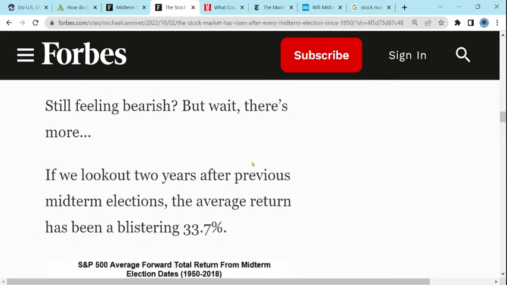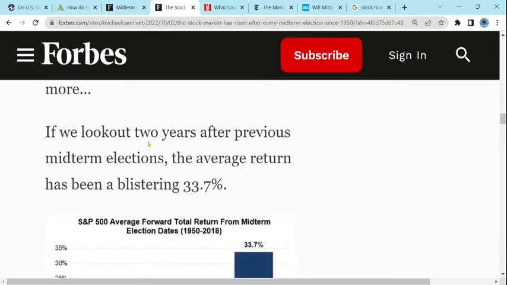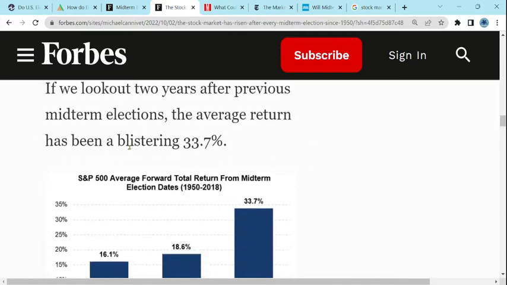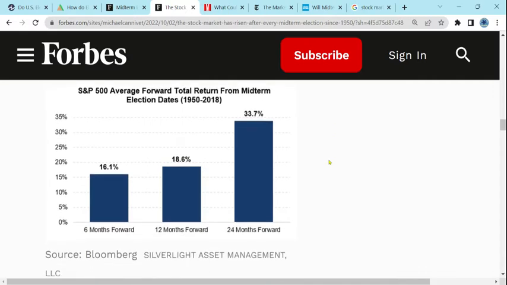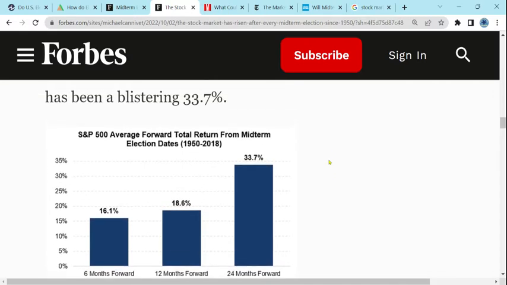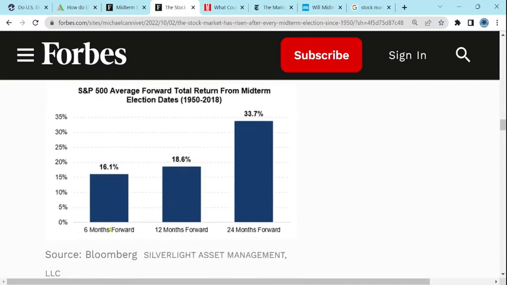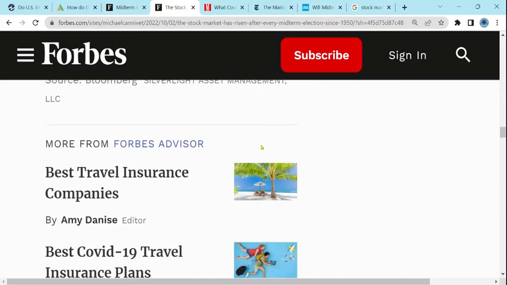all other years. So if we look out 2 years after previous midterm elections, the average return has been a blistering 33.7%. So then they show for 2 years after the midterm elections, you can see 6 months forward, 16.1, 12 months forward, 18.6, and 24 months forward after midterm elections, the average return is 33.7%.